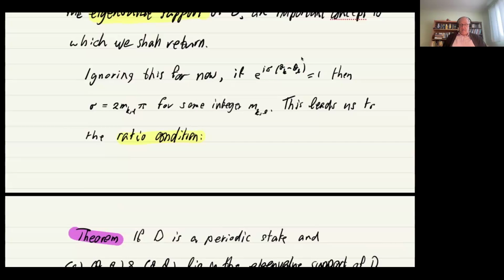Now, if we're in a position where some sigma, which is likely to be twice the PST time, gives e to the i sigma (theta_k minus theta_L) equal to 1, then the exponent here must be an integer multiple of 2 pi.